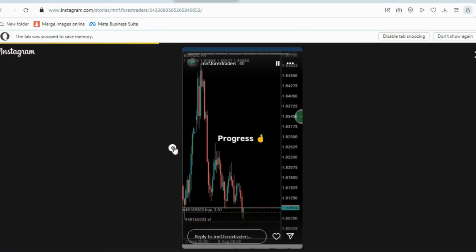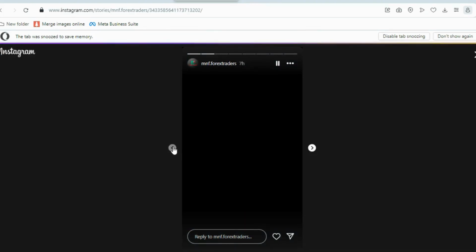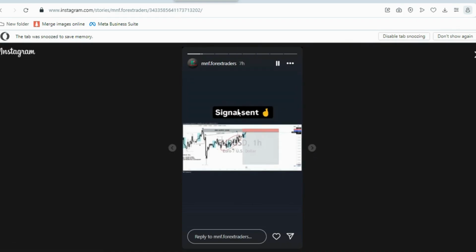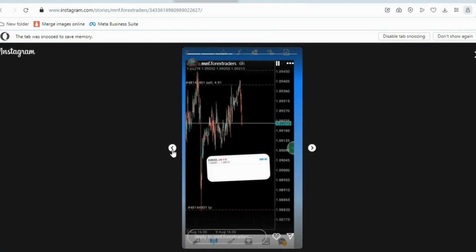So you can see that we were able to update this trade from the beginning. You can see that we started with the forecast right here. So I showed the forecast, like I've already showed you, and then the entry was here, and then the market was in profit. I was able to enter this particular trade right there, and the market started to drop. Guess what?